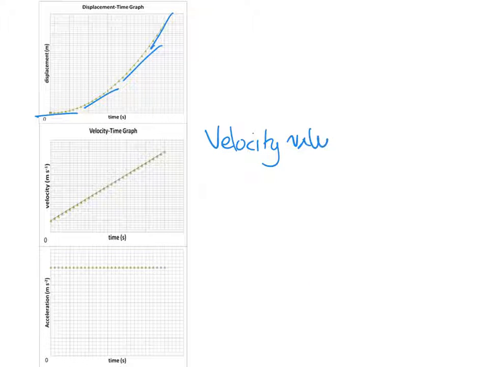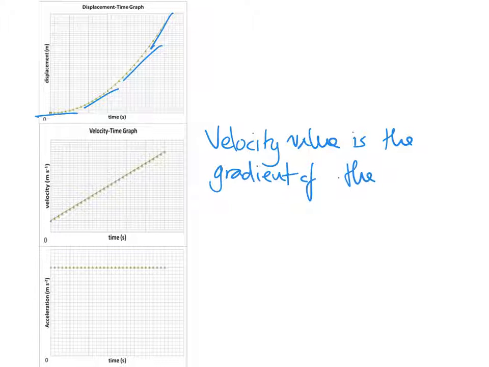So if I took each of these points and worked out the gradient, that would tell me what the velocity is doing. And you can see the gradient is increasing, so the velocity must be increasing. So the velocity value is the gradient of the displacement time graph.